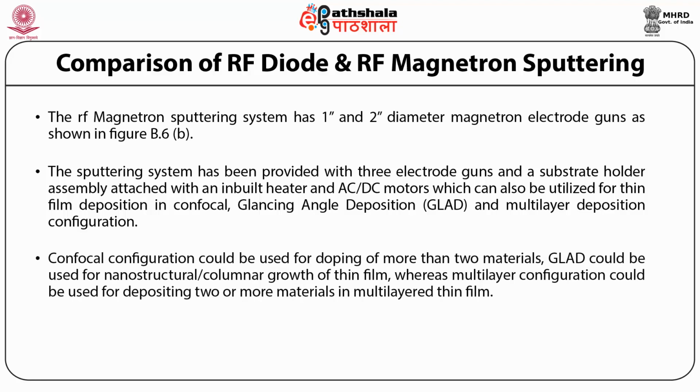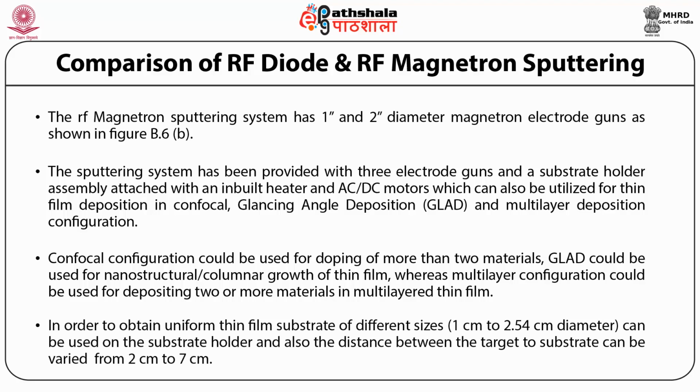Confocal configuration could be used for doping of more than 2 materials. GLAD could be used for nanostructural or columnar growth of thin films, whereas multilayer configuration could be used for depositing 2 or more materials in a multilayer thin film.